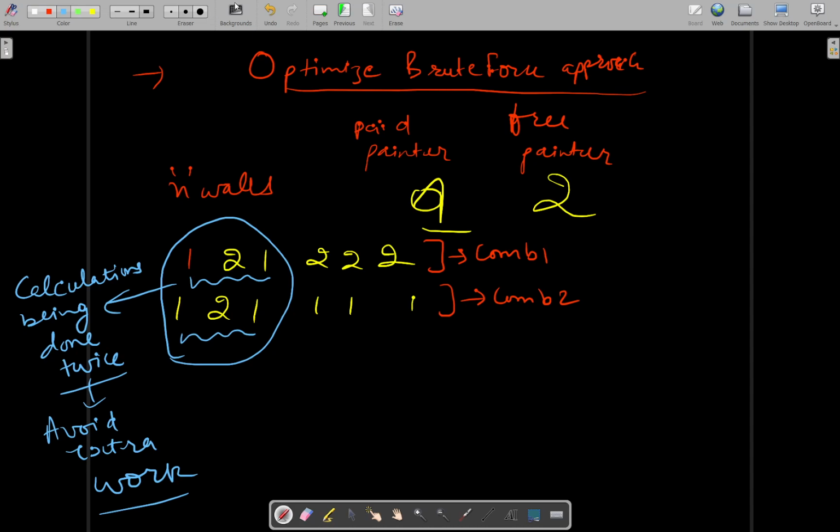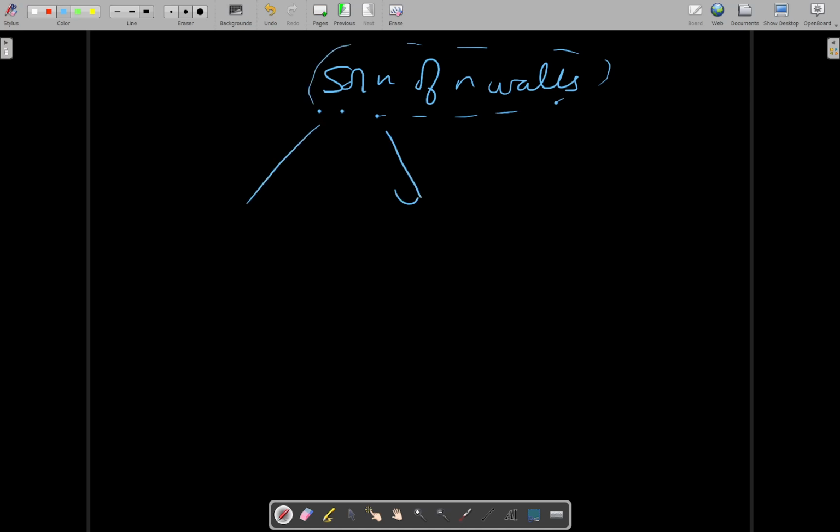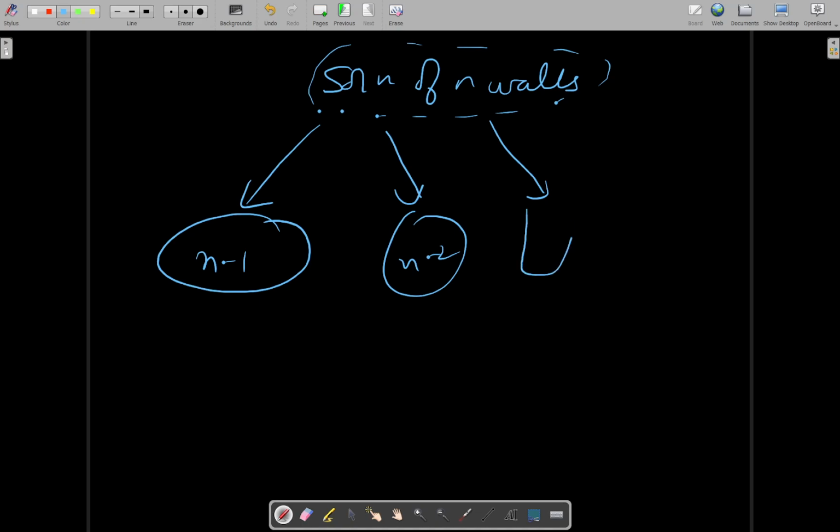There is another observation. The solution of n walls will depend upon sub-solutions of n minus 1, n minus 2, n minus 3, and so on.